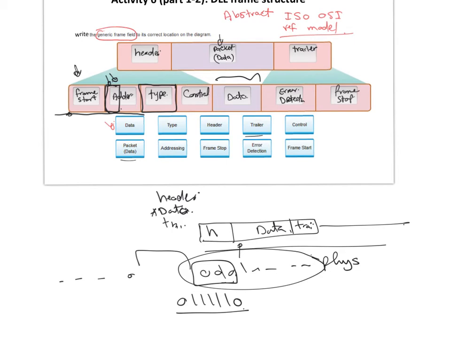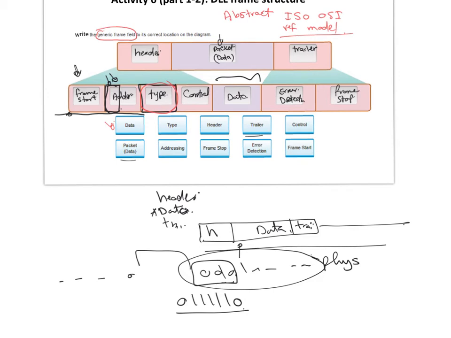Right, Nawaf. So to understand why we need this field: the type field is the one that tells us that this frame has to be processed by the IPv4 protocol and not IPv6 and not ICMP and so on.